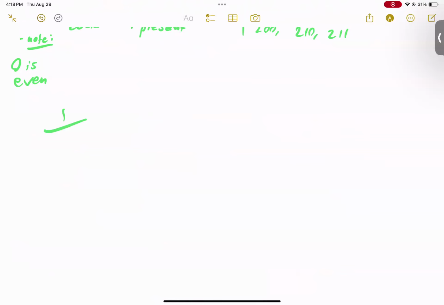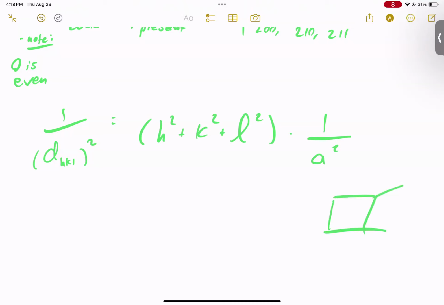That will be 1 over d_HKL squared is equivalent to H squared plus K squared plus L squared multiplied by 1 over a squared. a refers to the lattice parameter. If you have a unit cell, this side distance will be the lattice parameter a. So this is for a cubic system.